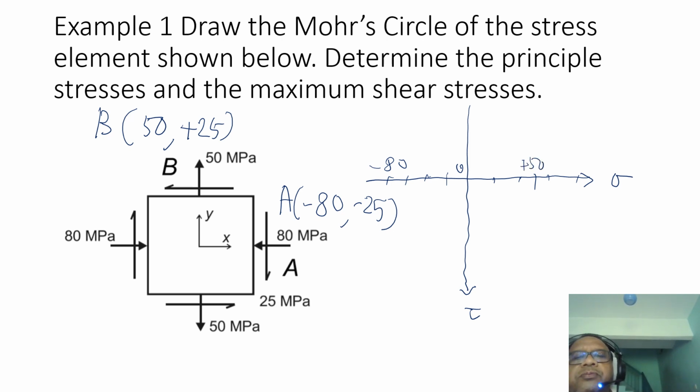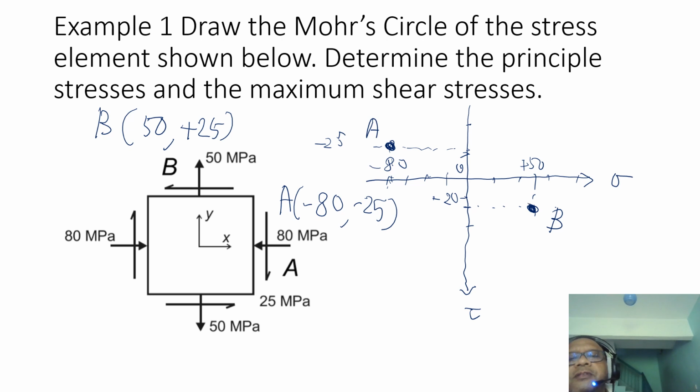And we've got positive 25 and negative 25 on the tau axis. So to sketch, it's minus 80, minus 25. This is my point A, and point B is positive 50, positive 25. So my point B is here.